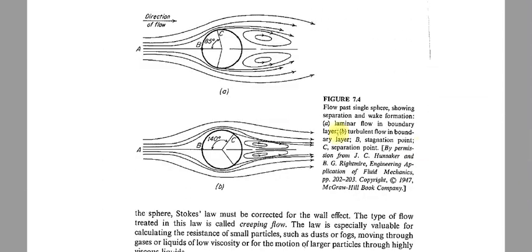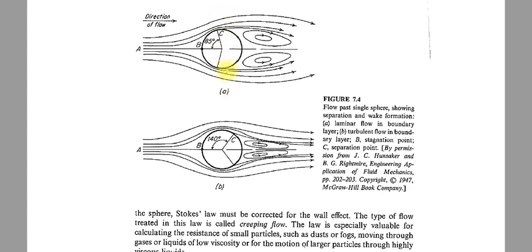Now the formation of this type of vortex will depend upon the shape of the body. It generally depends upon the shape of the body. Suppose instead of a sphere you have a perpendicular disc.